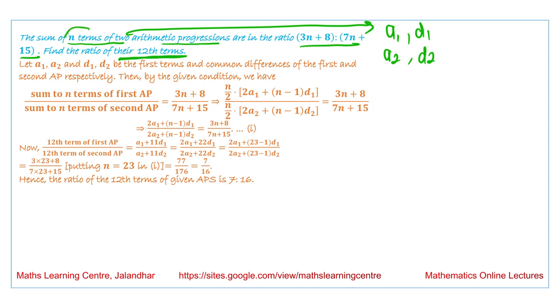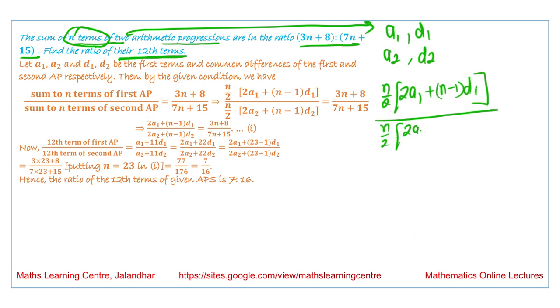It is being given that the ratio of the sums of the first n terms, which is n by 2 into 2a1 plus n minus 1 d1, divided by n by 2 into 2a2 plus n minus 1 into d2, is equal to 3n plus 8 divided by 7n plus 15.